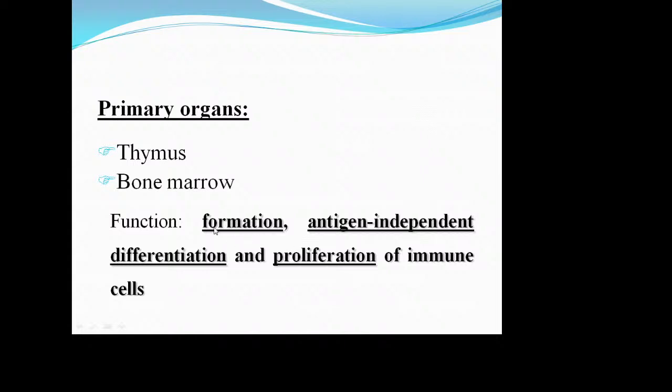Immune cells are formed, then they are differentiated without the presence of antigen. Antigen independent means in the absence of antigen. And they proliferate. Their primary proliferation occurs there.